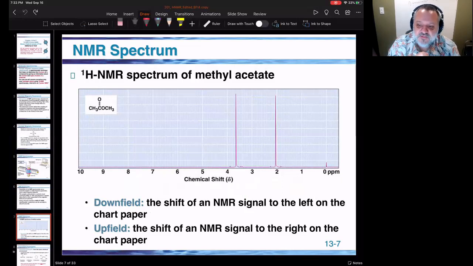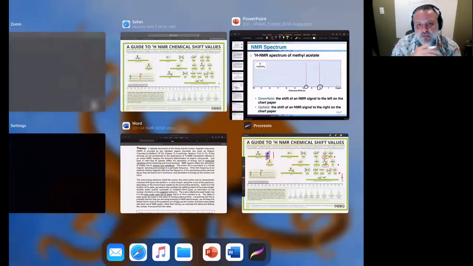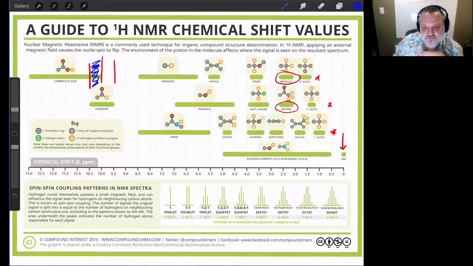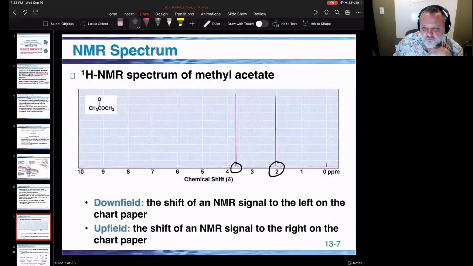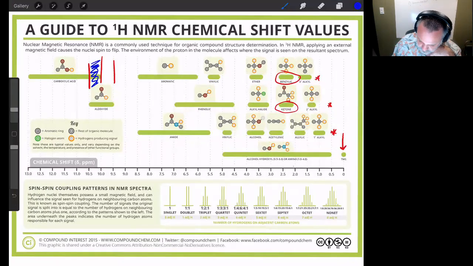We have a signal that's at 2 parts per million and a signal that's at about 3.7 parts per million. Let's go back and match that up with our previous chart. So again, just to remind myself, because I have a short attention span, it's around 2.1 parts per million, a little bit less, and about 3.7. So let's take a look. What's 2.1?